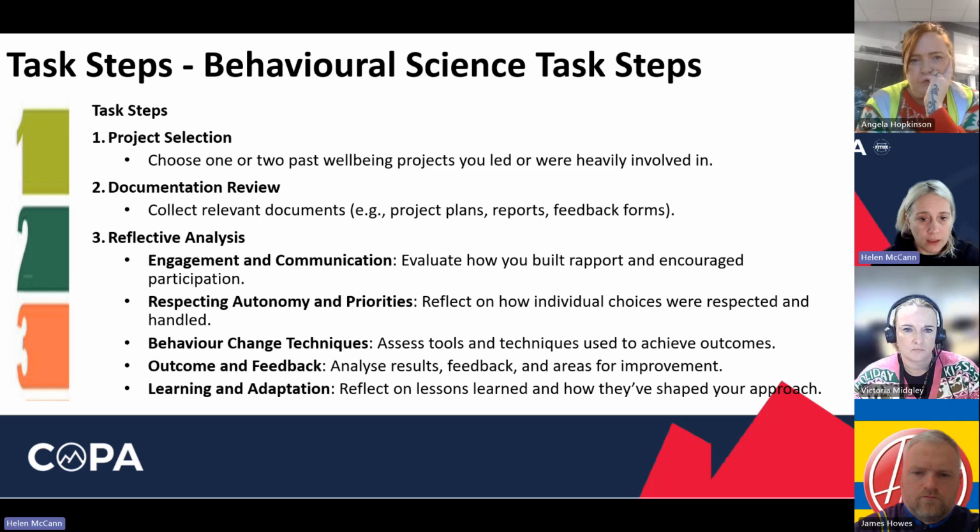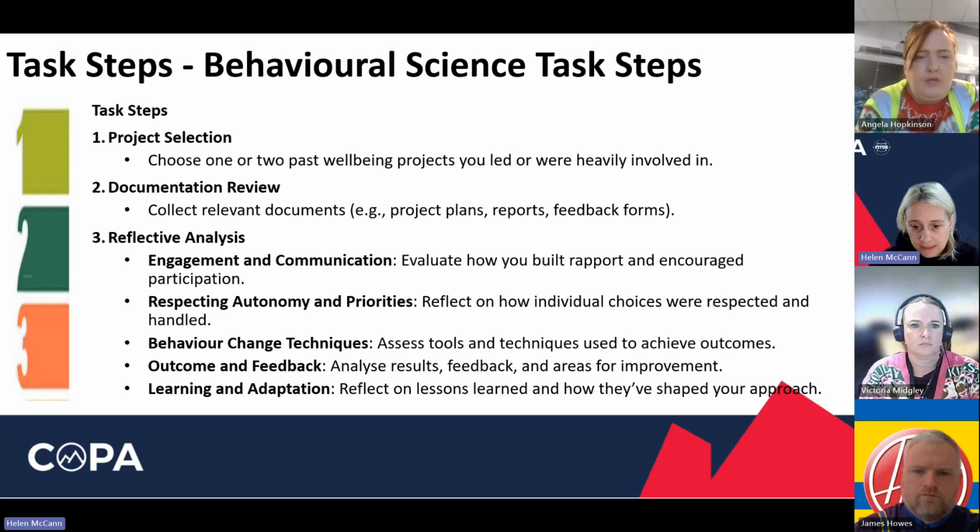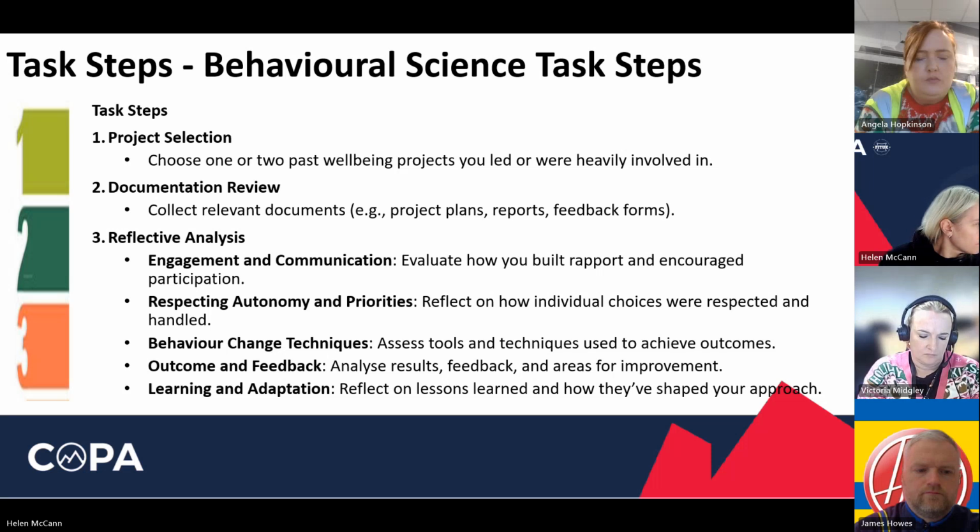So we've got 3 steps in the task. So I think what I might do is bring up the actual task sheet. Let me just find it a sec. Duty 5.